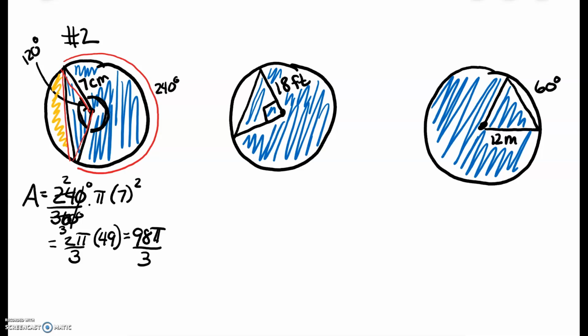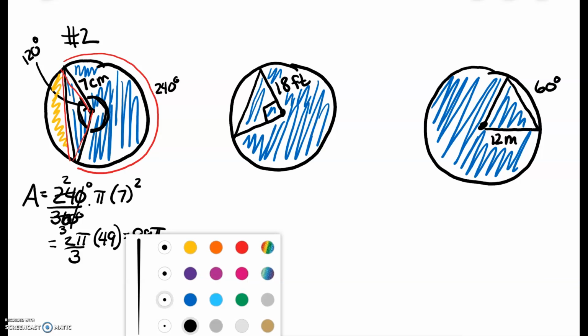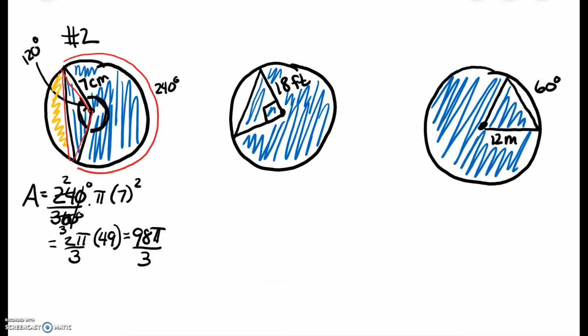So in the last examples, we looked at finding the area of the triangles. In this case, we have a nice big 120 degree triangle. This is 120 degrees right here. And when we split it in half, each one of those is going to be 60 degrees.